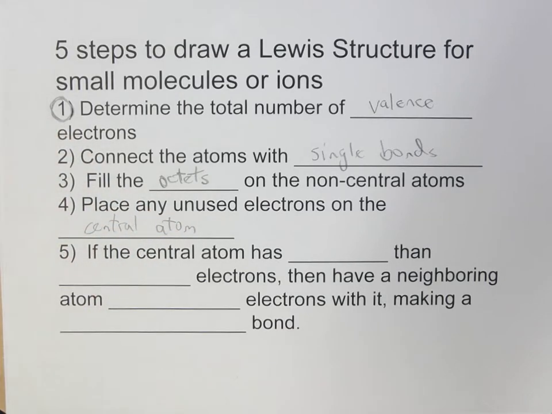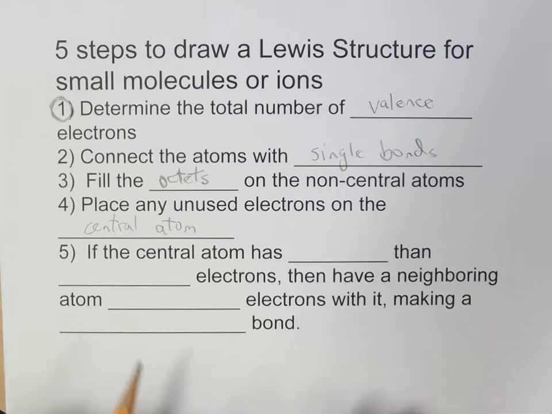And this is where you might have to violate the octet rule. If the central atom already has 8 electrons around it and there are still electrons, you just add them there and you might end up with 10 or 12 electrons on the central atom. In organic chemistry, you usually don't violate the octet rule. A little more comfortable, but certainly with some inorganic compounds, you're going to have more than 8 electrons on the central atom.